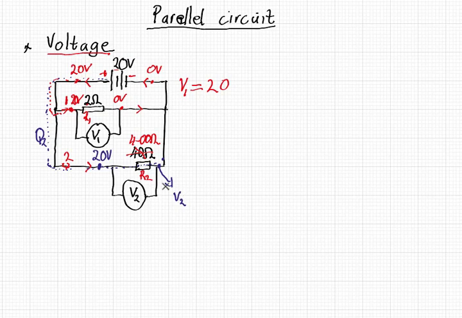No, it's not V2. What am I saying? This is wrong. It's just the potential at that point. The potential here is 20 volts. After passing this resistor, let's see what we expect.